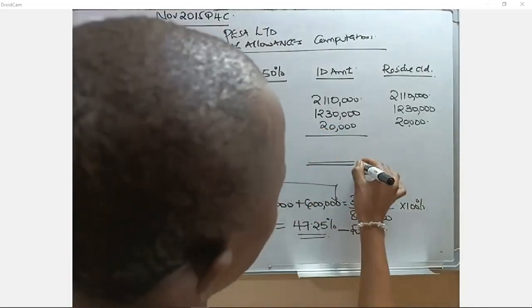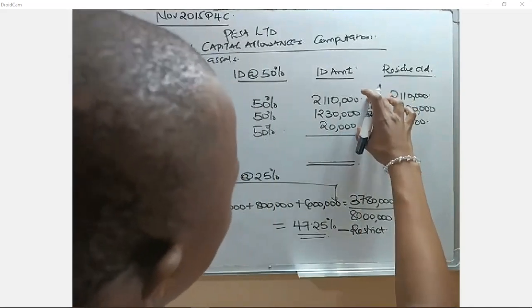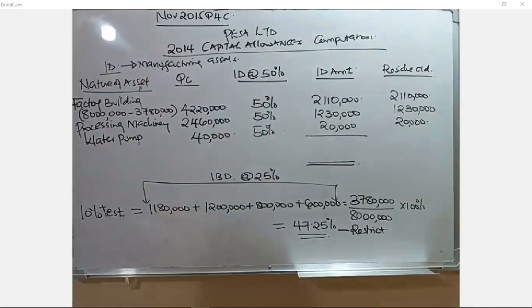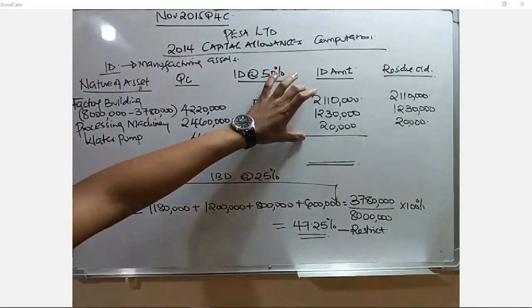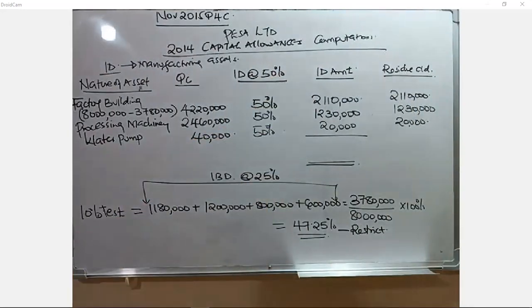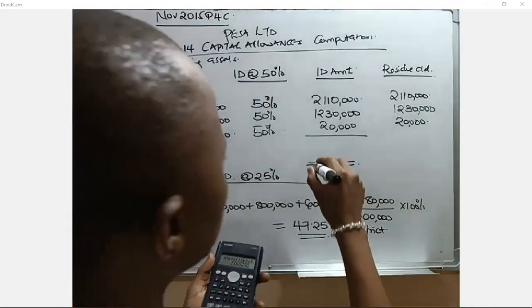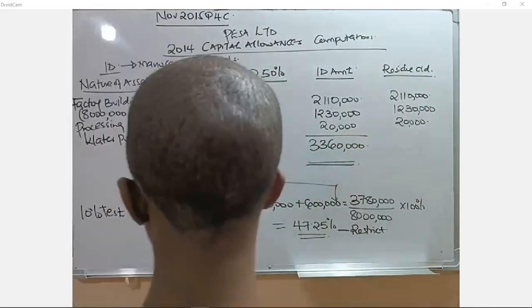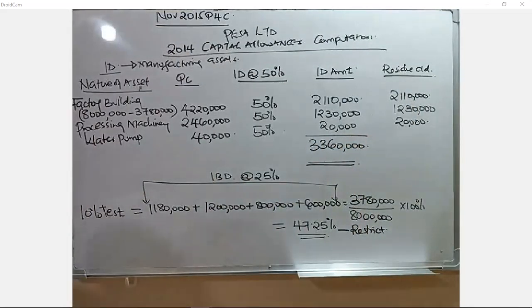This is the one that you use for the income statement. I will be able to show you how you use this information when we do last semester's question, so just stay tuned. Plus 2,110,000 plus 20,000. So here we are getting 3,360,000. That is how simple it is to get ID.